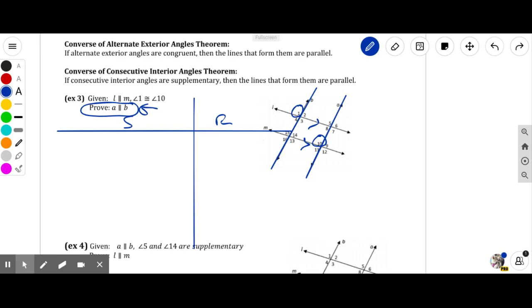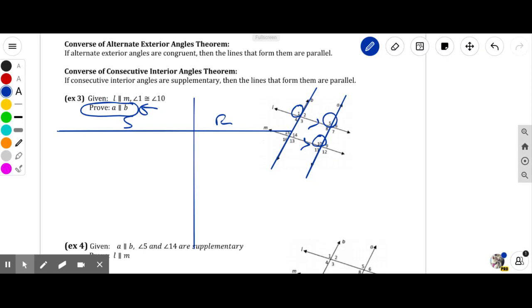So our goal, like the first one, is to find an angle that 1 and 10 both have a relationship with. Then we'll name some congruent angles, use transitive again, and then use a converse. The one that's popping out to me is angle 5.